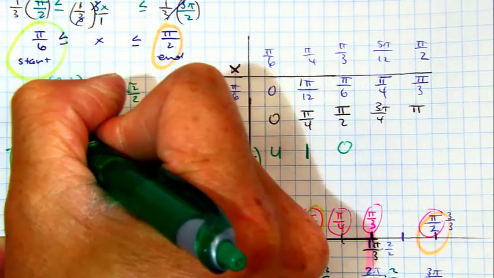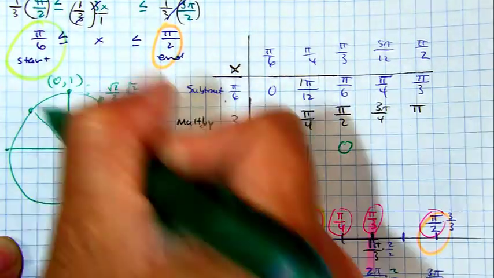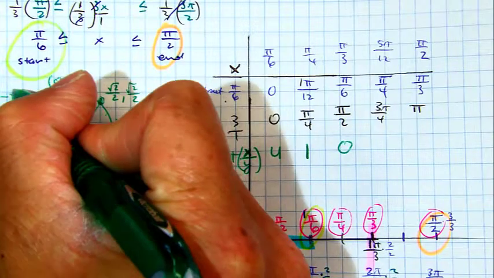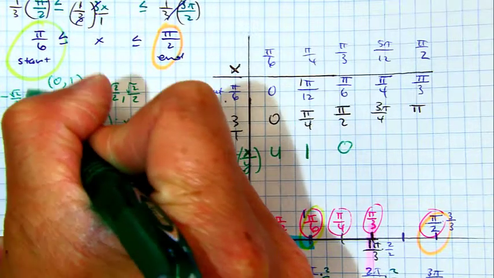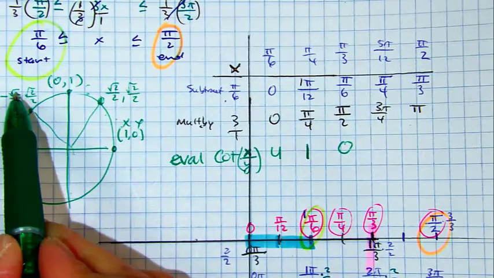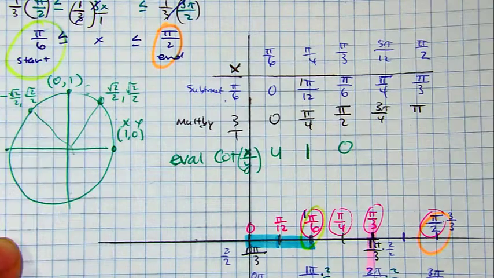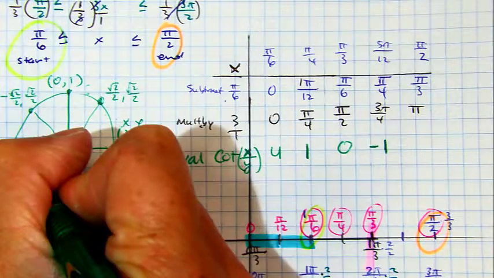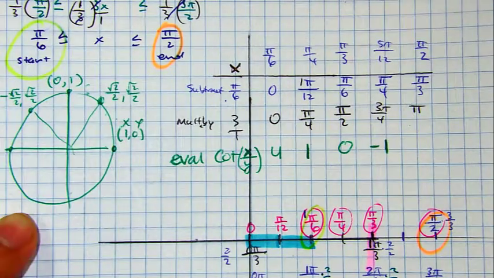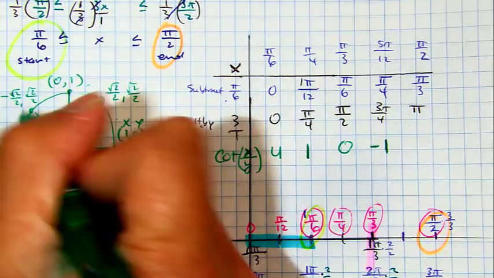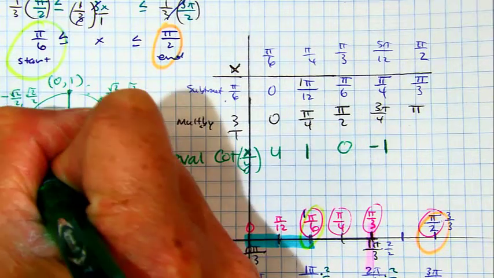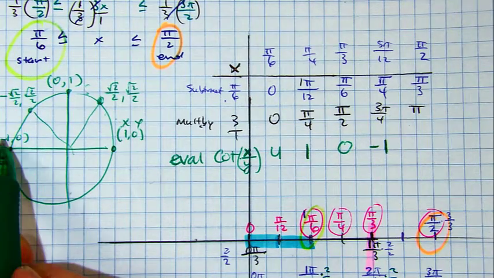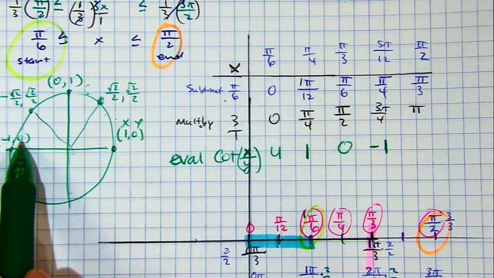Order pair? So negative radical 2 over radical 2. And pi, what's the order pair? Negative 1 comma 0. Negative 1 divided by 0. Undefined.